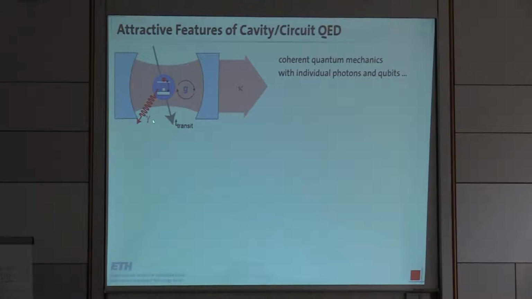Cavity QED is this field where you're trying to couple an individual two-level system to a mode of a radiation field that you confine inside a cavity made of highly reflective mirrors.